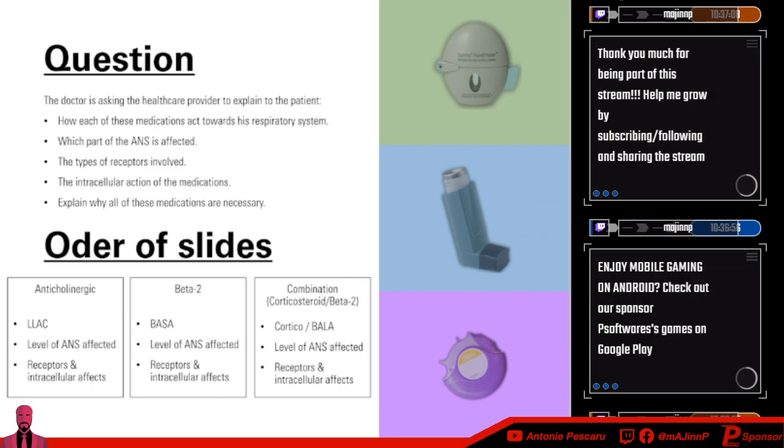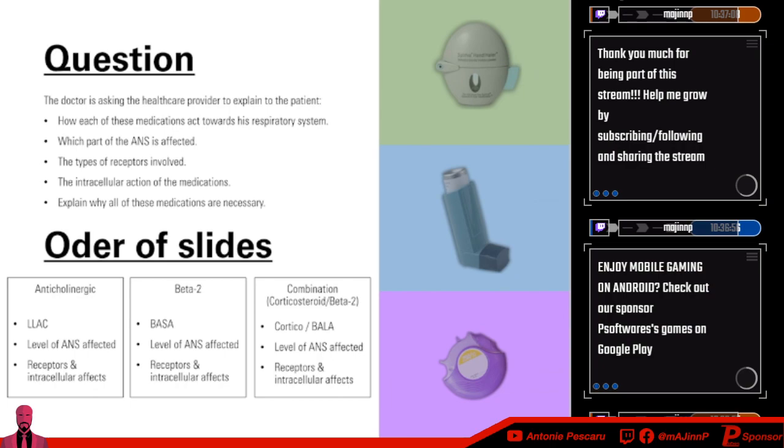Then it's going to tell us the levels of the ANS affected, and finally the receptor and intracellular level. Same thing for the beta-2, which is our combination medication, and our salbutamol.